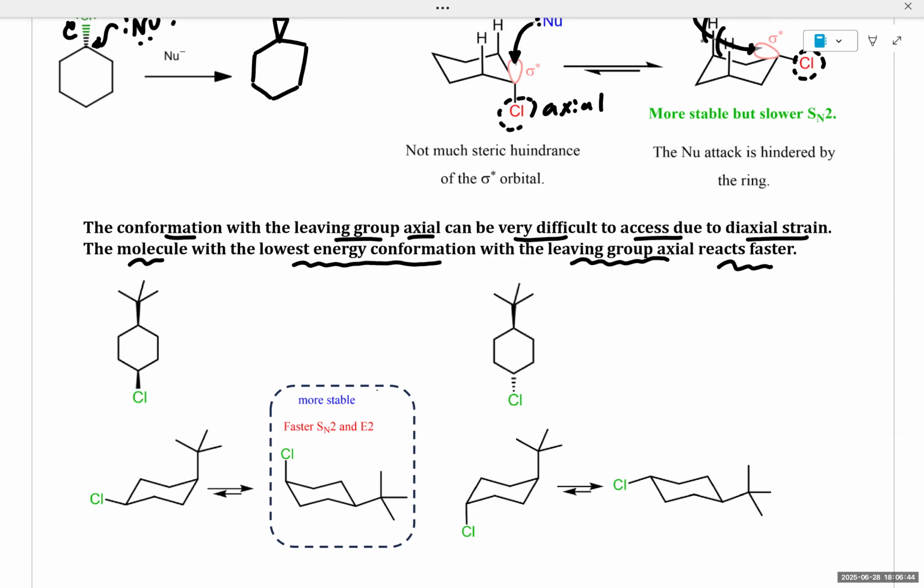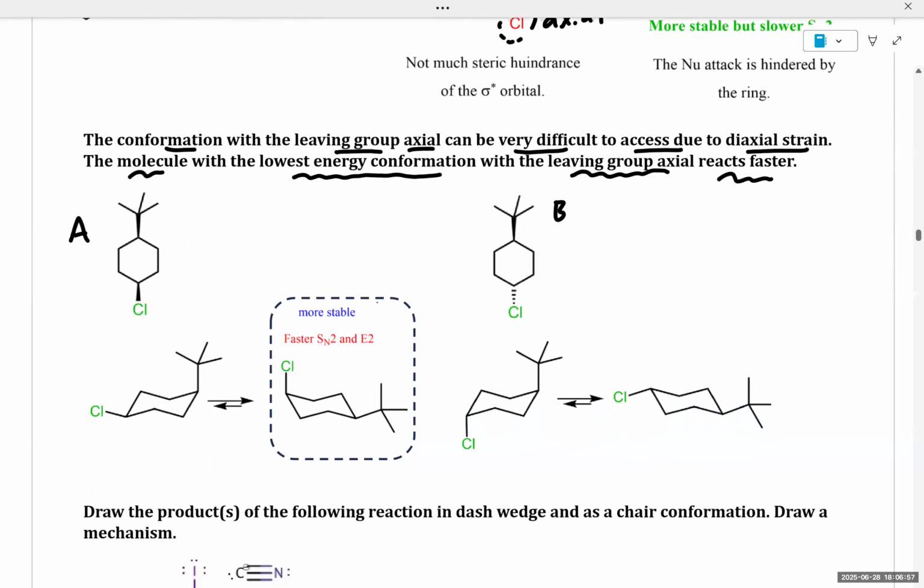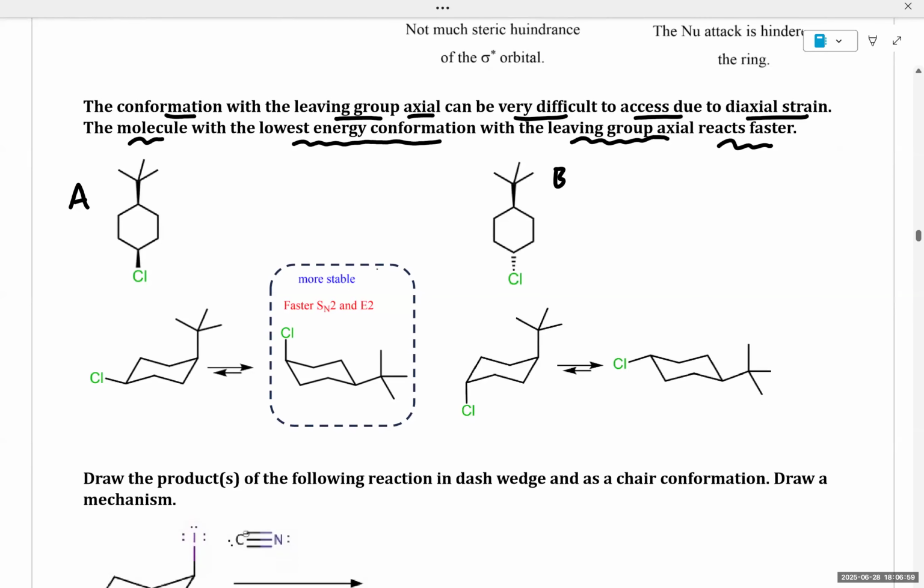Thus, if you have two molecules, the molecule with the lowest energy conformation with the leaving group axial will react faster. So if we have these two molecules that I'm going to call A and B, these are stereoisomers of one another. One stereoisomer is going to exhibit a faster rate of SN2 reaction. The reason being is that if we look at the conformation where the chlorine is axial, we have this tert-butyl group equatorial. So this is a relatively low energy conformation.